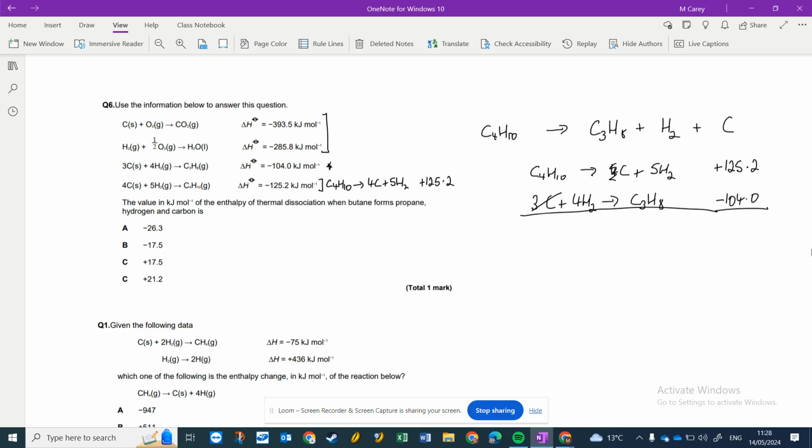That's going to cancel to give you just one C. That's going to cancel to give you just one H2. So C4H10 gives you C3H8 plus C plus H2. That's 125.2 minus, plus 104. Let's go to 21.2.